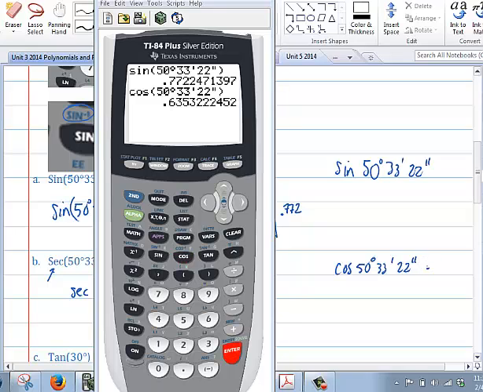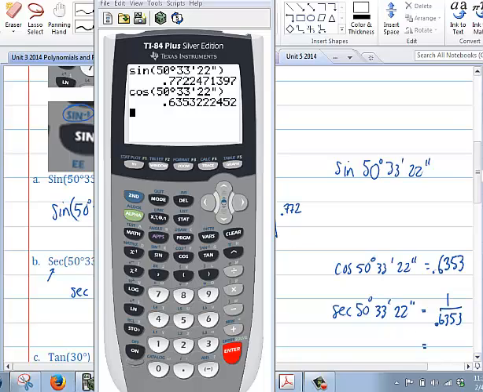So cosine is equal to 0.6353. If I want the secant, remember in class when we worked with fractions, we just flipped the fraction. We do the same thing here: it's 1 divided by 0.6353, and that will give us a secant ratio.